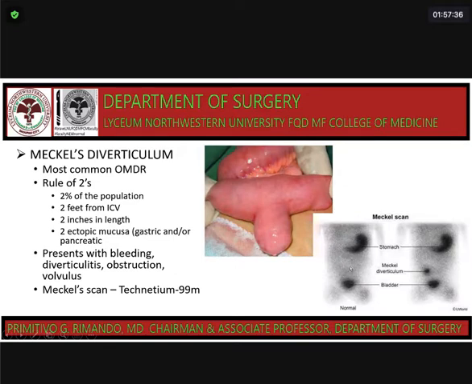So this is normal, because there is no other area where the radioactive material was collected. In this patient, you have an area in between your stomach and your bladder where the radioactive material collected. So this is a positive Meckel's scan.